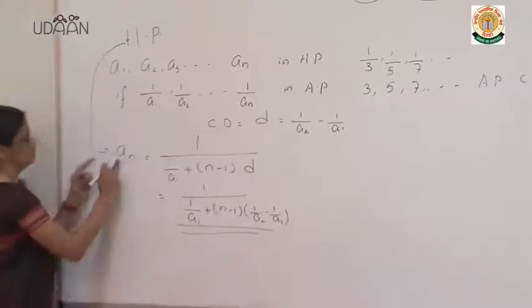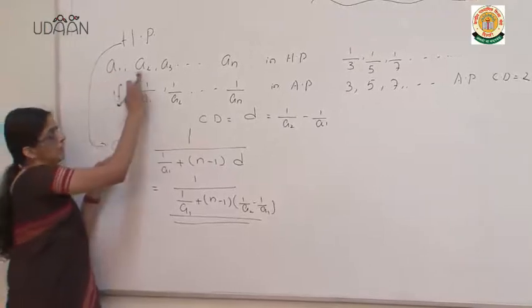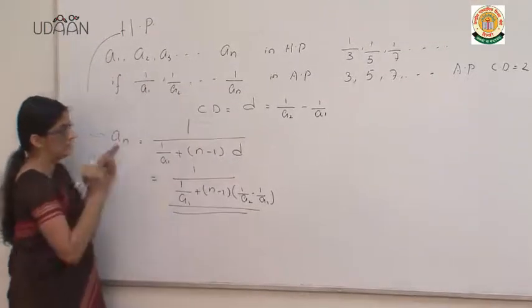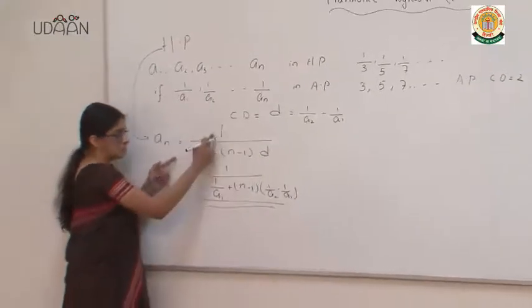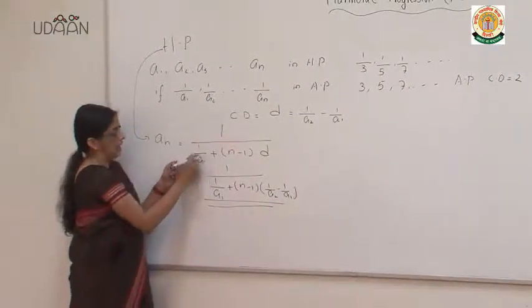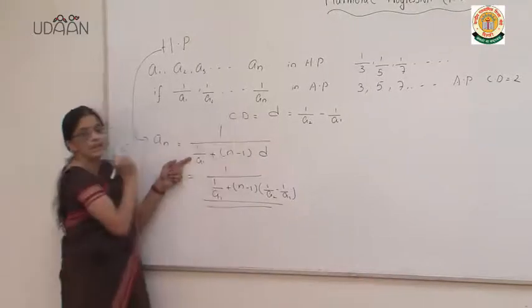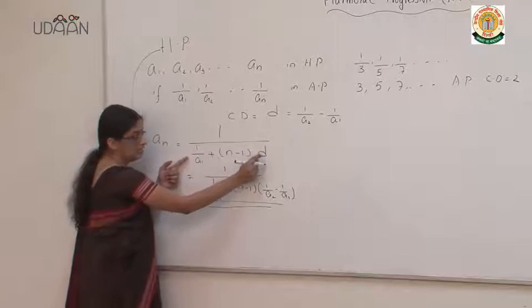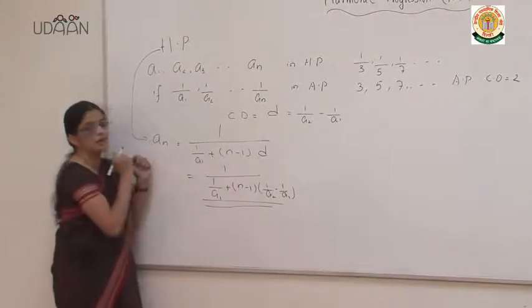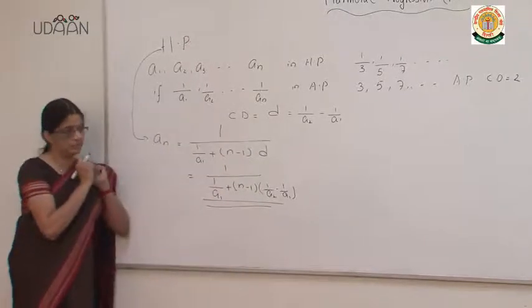So the nth term of harmonic progression A1, A2, A3, etc. is given by An equal to the reciprocal of the nth term of this arithmetic progression, 1 by A1 plus (n minus 1) into D, and this D is the common difference of the arithmetic progression.